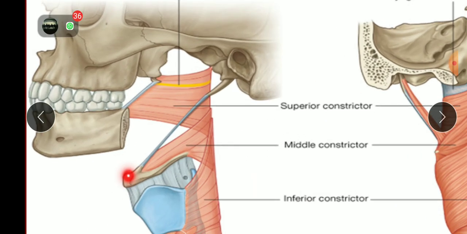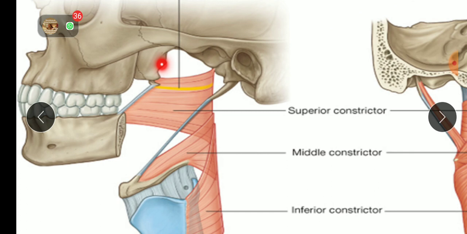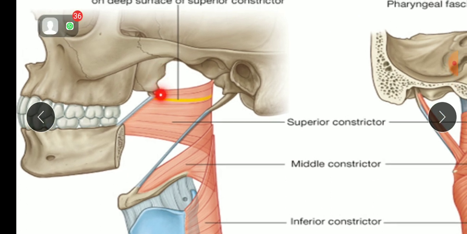Can you say the origin of superior constrictor? It is taking origin from the medial pterygoid lamina here, then from the pterygomandibular raphe, then from the medial end of the mylohyoid line, and then from the side of the tongue. Such an extensive origin you find for superior constrictor. Once more, from the medial pterygoid plate, from the pterygomandibular raphe, from the medial end of the mylohyoid line, and then from the side of the tongue.